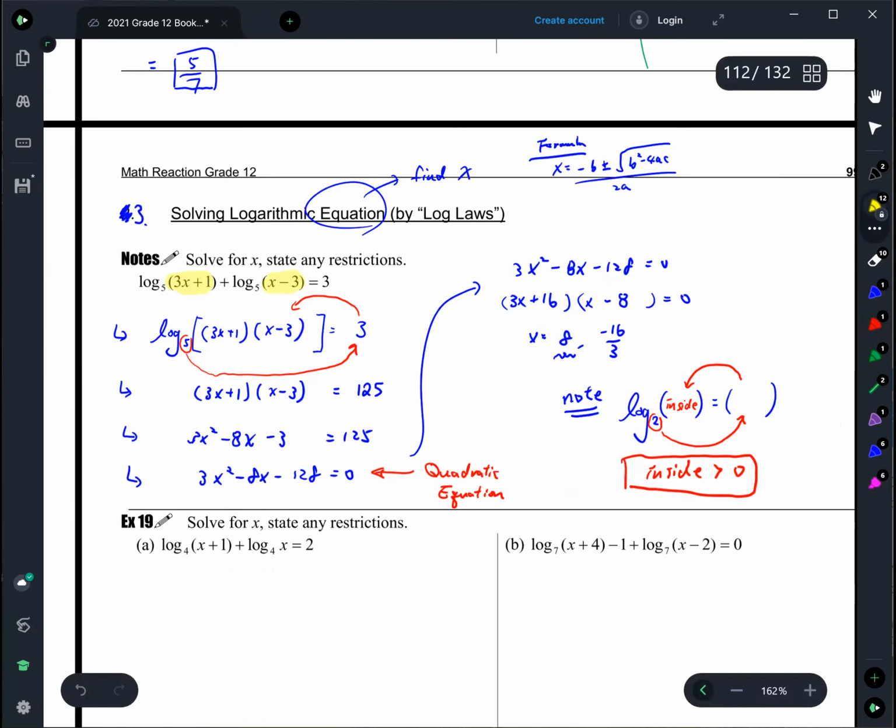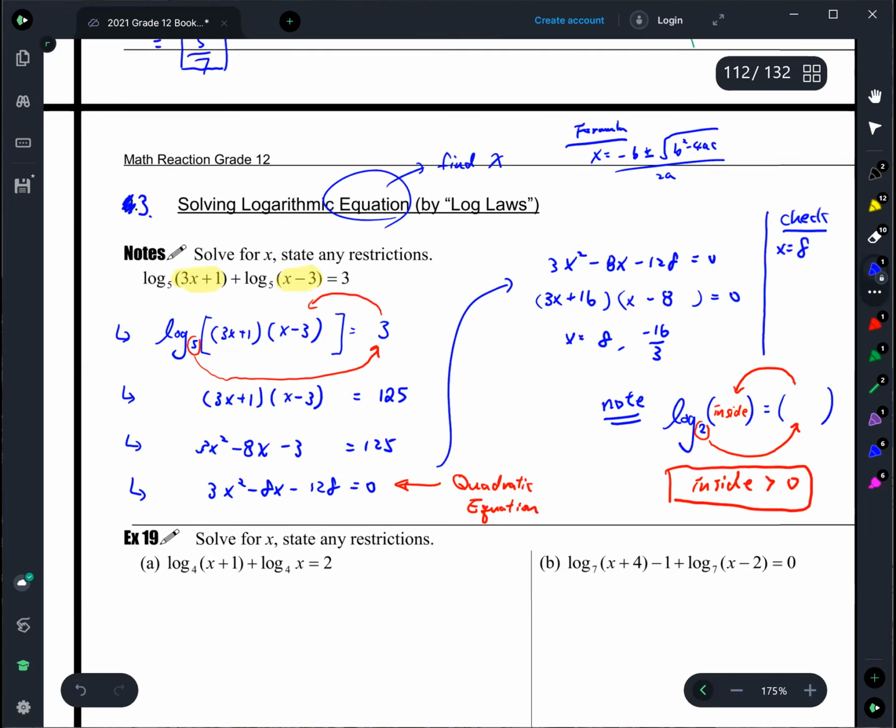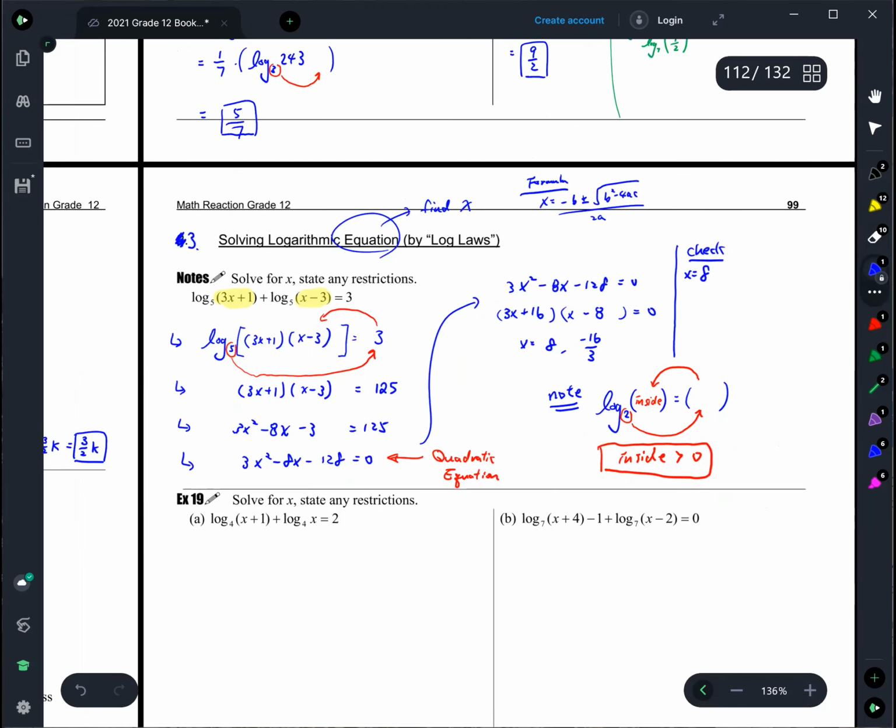So for example, if I check the 8, here we are checking on the side. When x equals 8, then 3x plus 1 is what? 3 times 8 is 24, plus 1 is 25, so that one works.